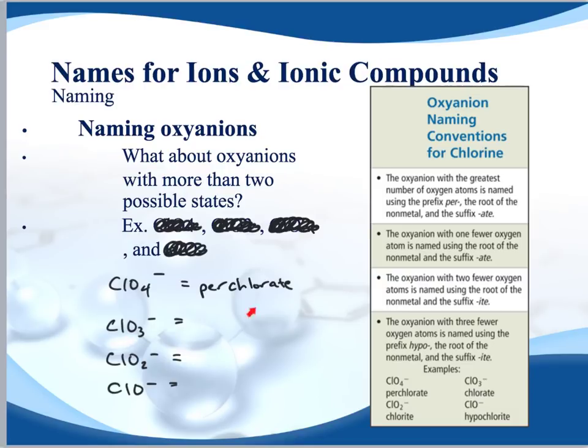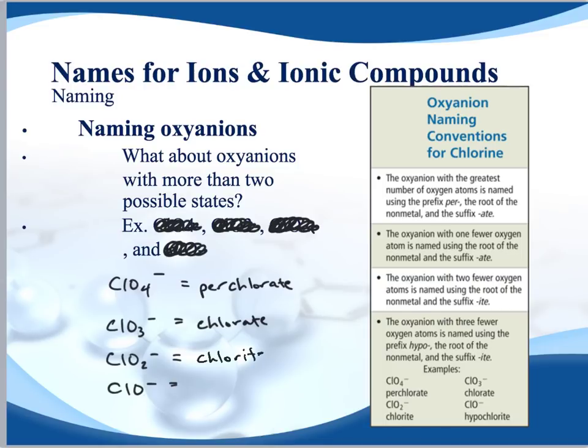Okay. The next one down, the oxyanion with one fewer oxygen atoms, is named using the root of the nonmetal and the suffix ate. So this one just does not have the per in it. This is just chlorate. One beneath that, the oxyanion with two fewer oxygen atoms is named using the root of the nonmetal and the suffix ite. So no prefix here.